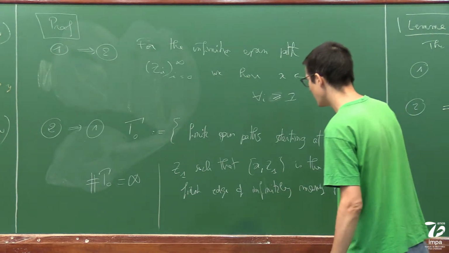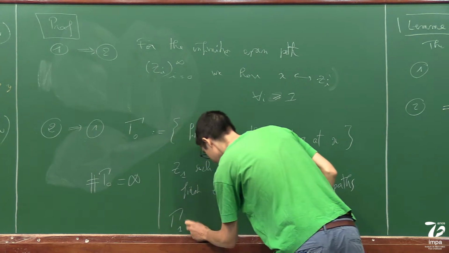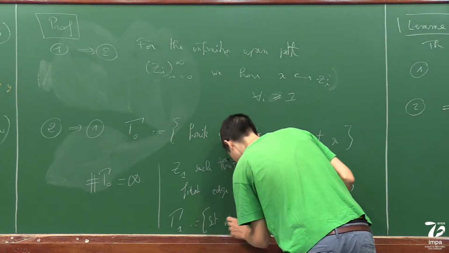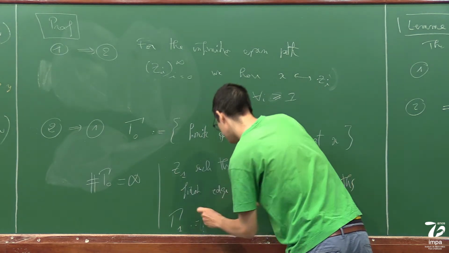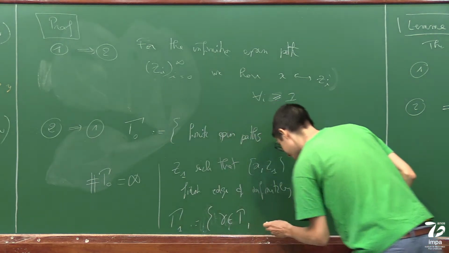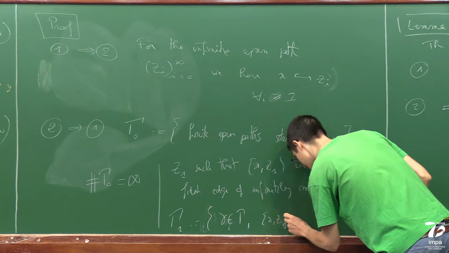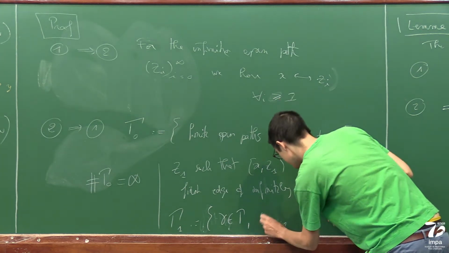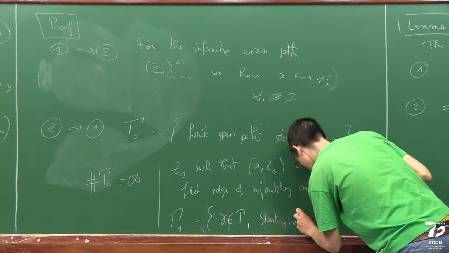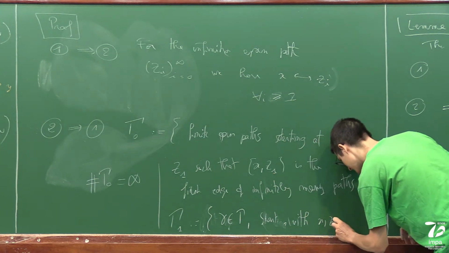Okay, and we set gamma 1 to be the set of gamma in gamma 0 such that the path starts with X Z1.